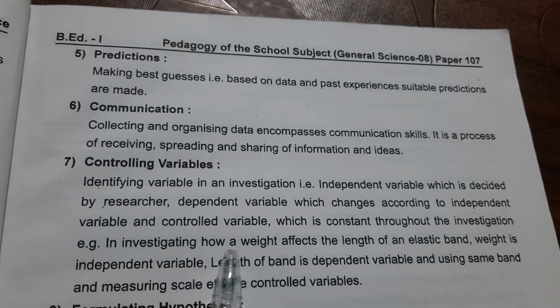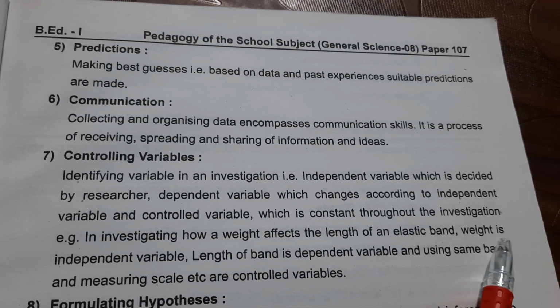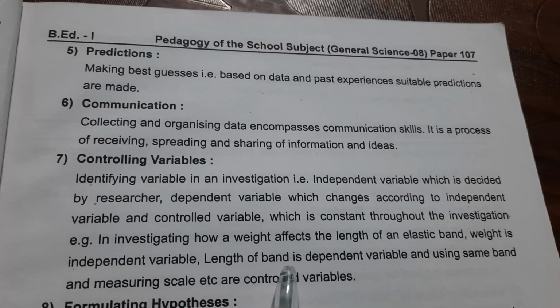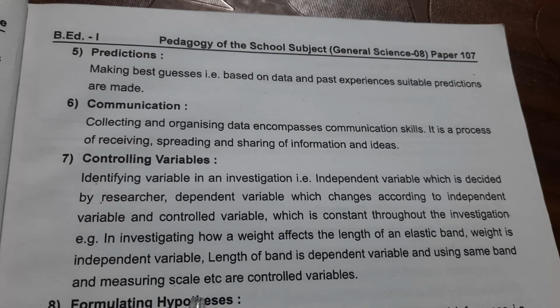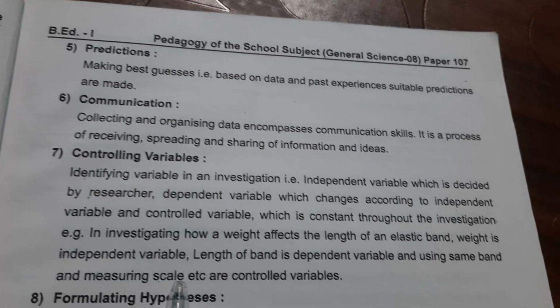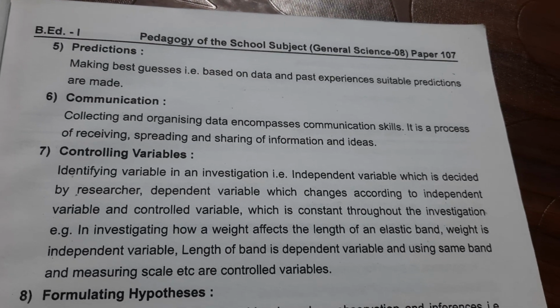Example, in investigating how a weight affects the length of an elastic band, weight is the independent variable, length of the band is the dependent variable, and using the same band and measuring scale etc. are controlled variables.